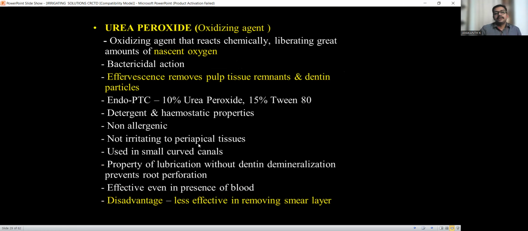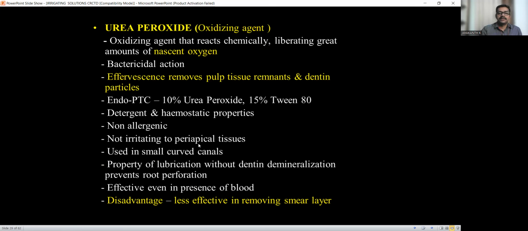Now coming to another irrigant, urea peroxide, which is also an oxidizing agent that reacts chemically, liberating great amounts of nascent oxygen. So urea peroxide has a bactericidal action, whereas effervescence removes pulp tissue remnants and dentin particles.